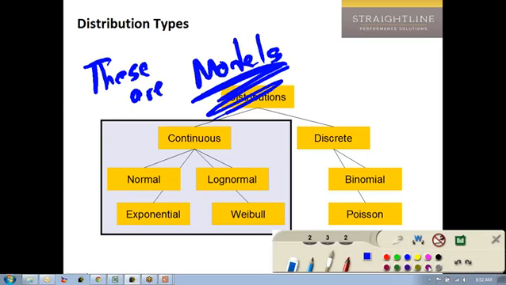Okay? They're abstract things that we use to say, I think the process is like this. And because they're easier to deal with than real data, you have to go out and collect it every time you want it. We can use these to generate data or to answer questions that we normally wouldn't be able to answer. But in the real world, no data are truly normal. Okay? They follow whatever their process is. And these are just abstract models that people have built.